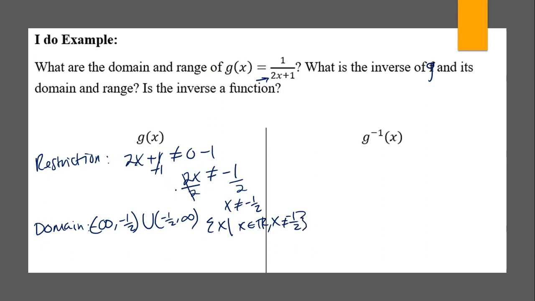And my range is unchanged. So it's from -infinity to 0, union 0 to infinity, or y such that y is all real numbers, and y cannot equal 0.